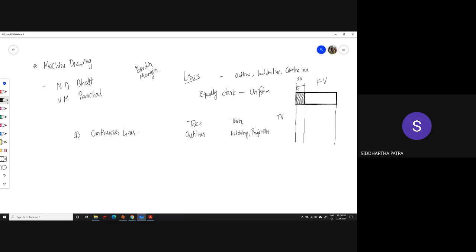Now since we are on the topic of dimensioning, please be careful with your arrowheads. Obviously I'm not able to do that properly on my computer screen, but please keep in mind that the ratio of the width to length of an arrowhead is 1:3.